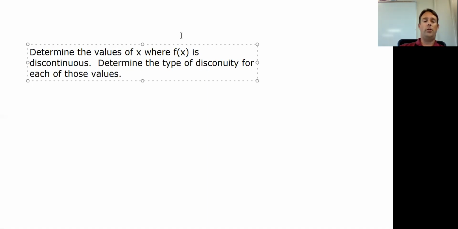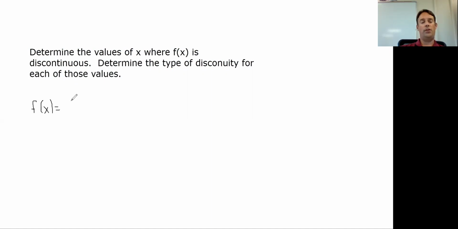All right, so let's go ahead and put an equation up here then. Say I give you a problem like this. So let's go f of x equals x minus 2 over x squared minus 4.